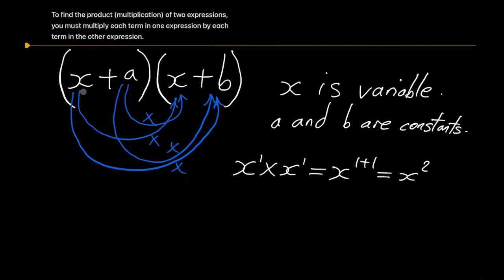So now we've dealt with x times x, and now we have to deal with x times b. x times b is just bx. And then we have to deal with a times x, which is simply ax, and then a times b, which is simply ab.